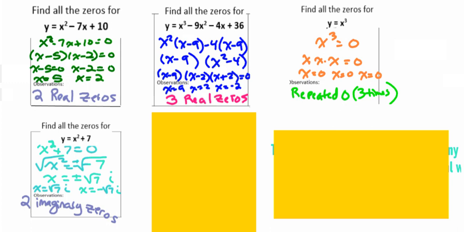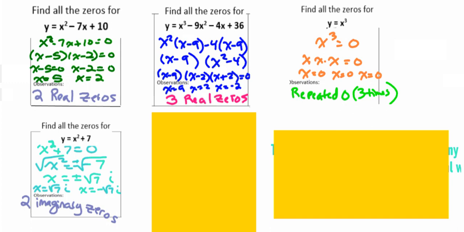I'm trying to think of what we have covered as I'm making this video. But if we were to set x squared plus 7 equal to 0, we'd subtract 7 from both sides and take the square root, and we get plus or minus square root of negative 7, which is plus or minus square root of 7i. So we get 2 imaginary zeros, or we could say 2 complex zeros.